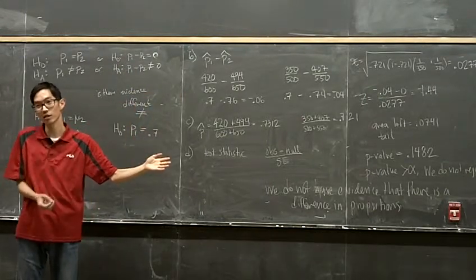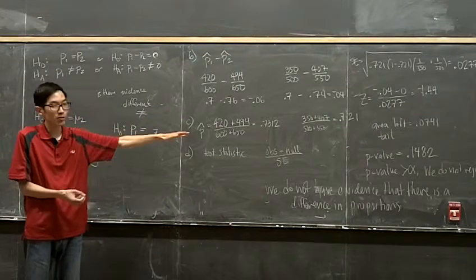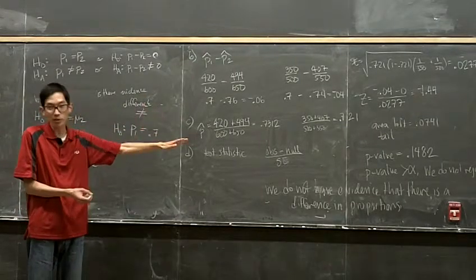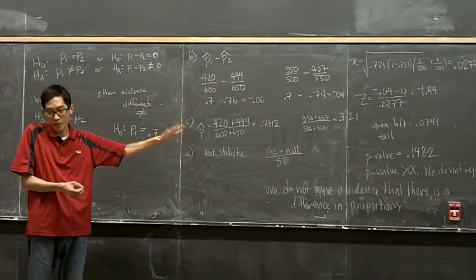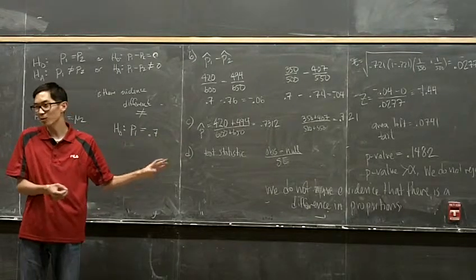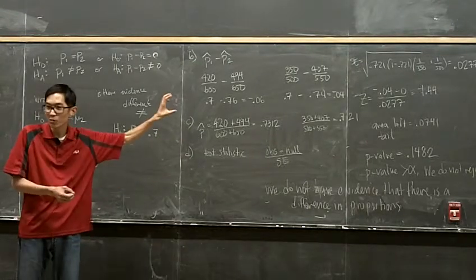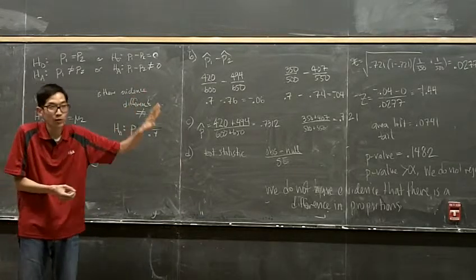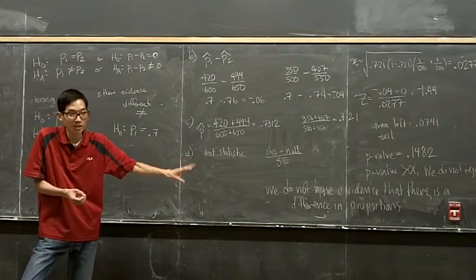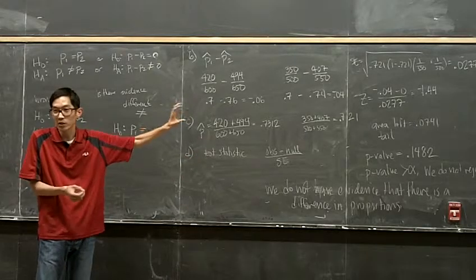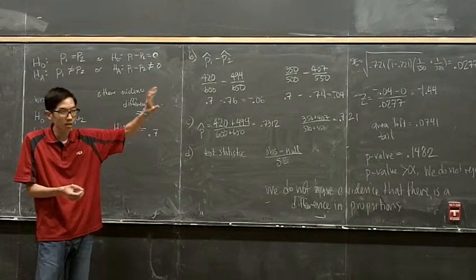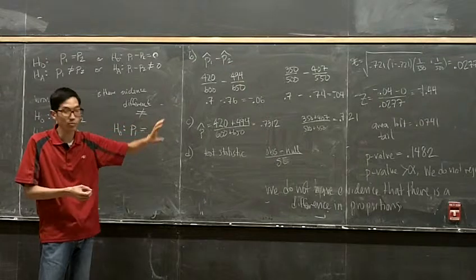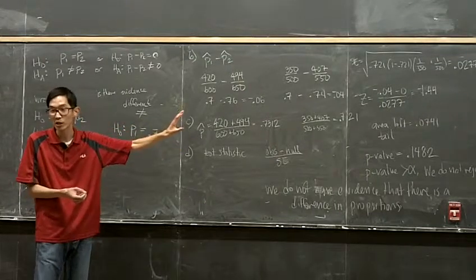If it doesn't make sense, so if you screwed up the p-value and you get the totally wrong answer, and somehow your decision is the right answer, but it doesn't match your p-value, I'm not going to give you points, okay? I'm going off of your work, and your decision has to match the p-value that you got. So if you're getting the wrong p-value, but your decision makes sense, you'll get points.